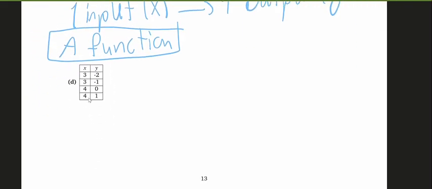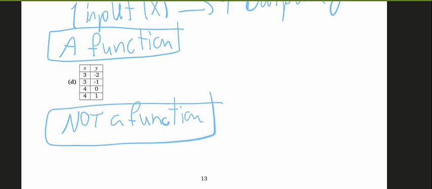Now let's take a look at this function. Something catches our eye here. The input 3 has two simultaneous outputs. 3 gets mapped to negative 2 and negative 1. 4 gets mapped to 0 and 1. So, not a function.